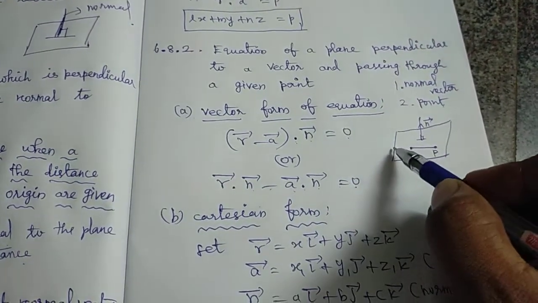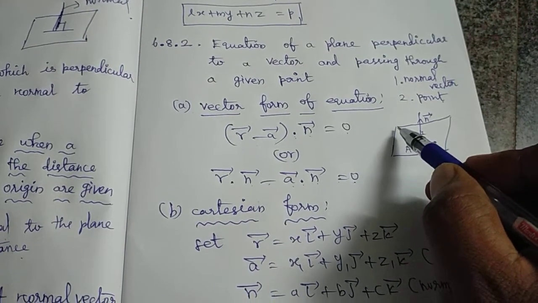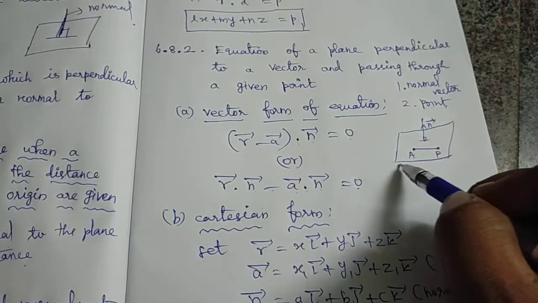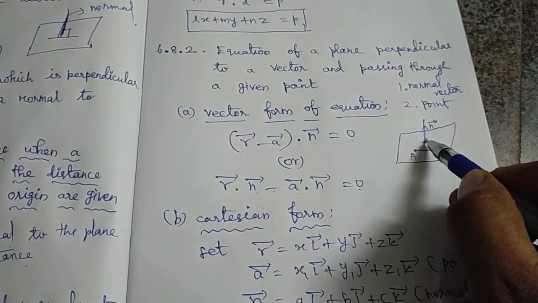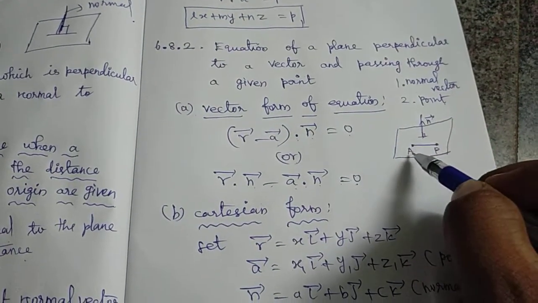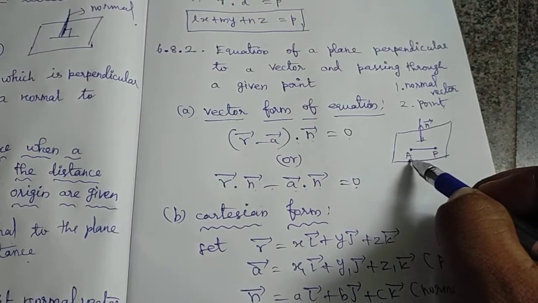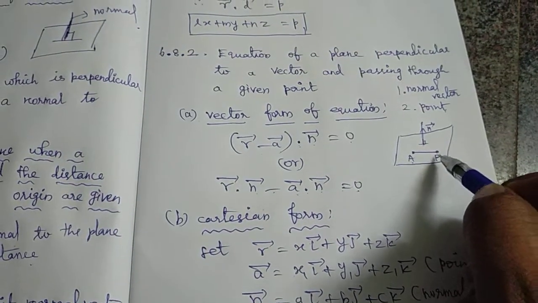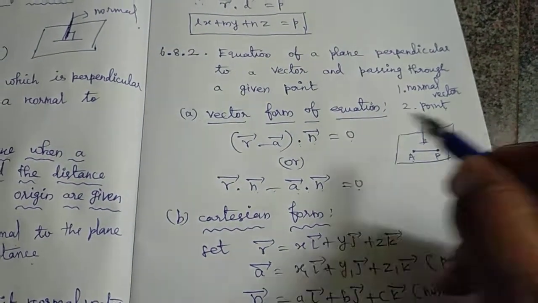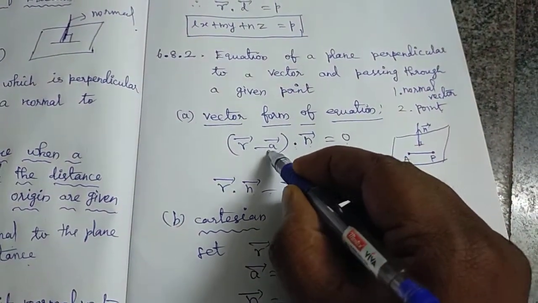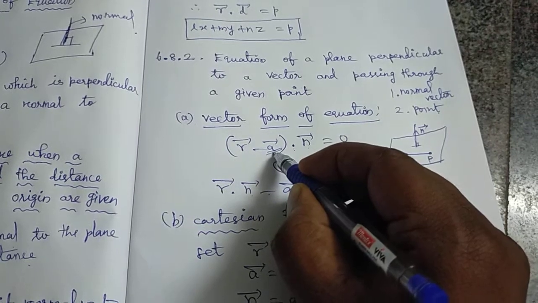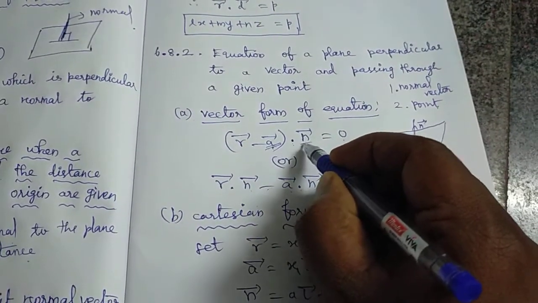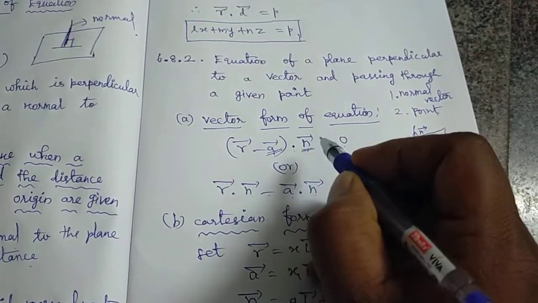This is our plane equation. This is the perpendicular line. This line is called normal line. A is a point. P is any point on the plane. So here a vector is represented by the point. A vector is the point. N vector is the normal vector.